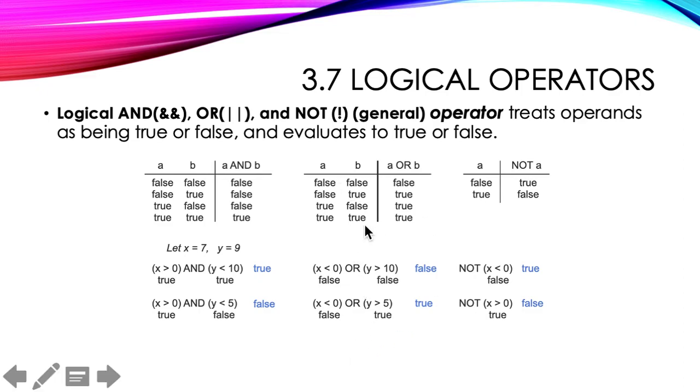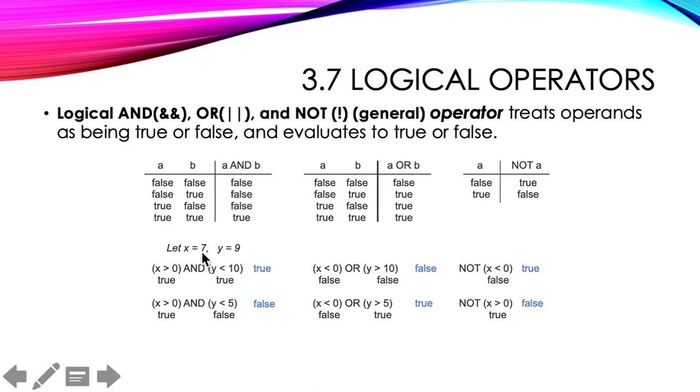The OR, AND, NOT is this. So in the AND operation, you need both to be true to get true. For OR, either one or both is true, then you get true. NOT is basically the opposite.